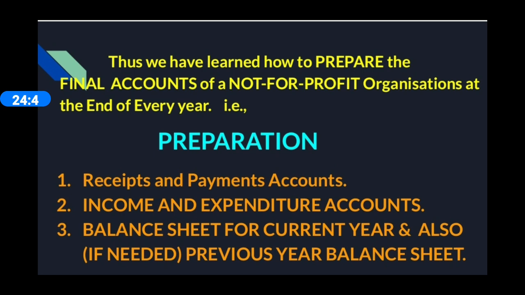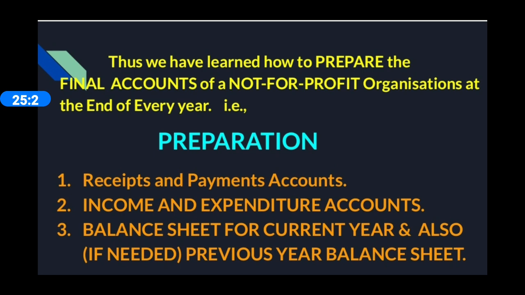Both cash receipts and cash payments are listed in that receipt and payment account, irrespective of the year as well as irrespective of the nature of expenditure, whether revenue or capital expenditure. All are taken in one account, called the receipt and payment account.